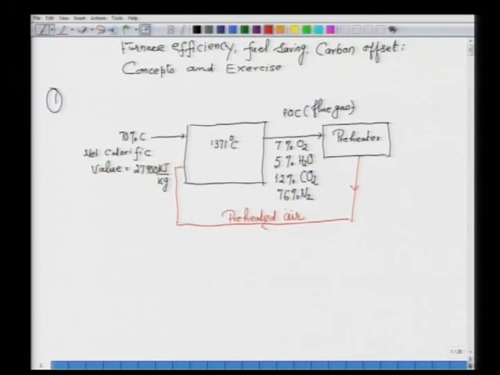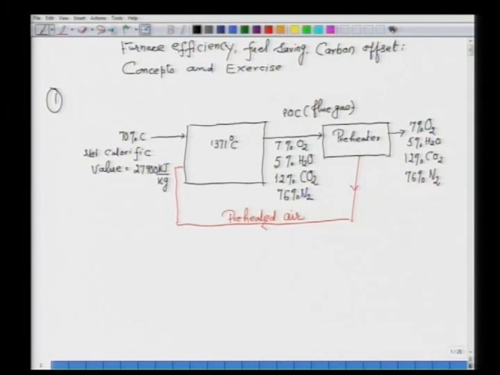At the exit of the preheater you again have the same flue gas percentage, because the material is not lost in transferring its heat, only its temperature would decrease. So, this is the output of a preheater. So, this is what the problem is given to us.